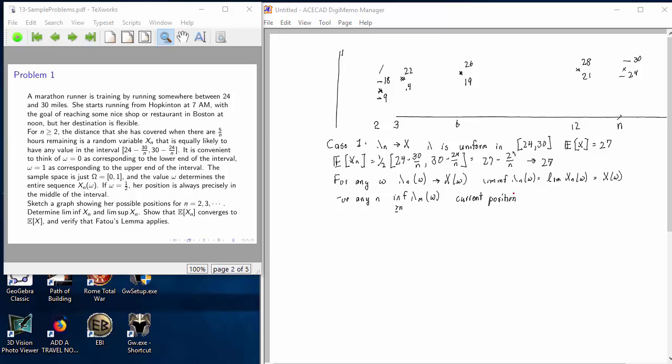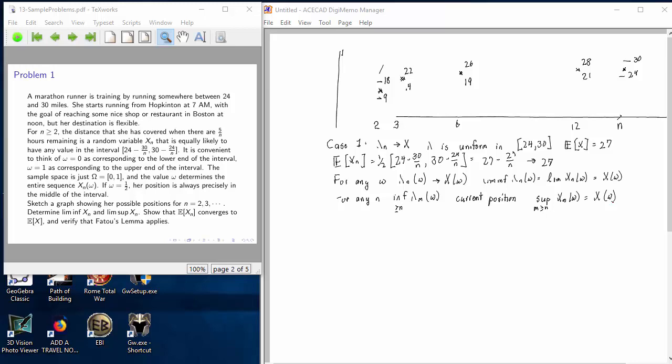While if you look at the supremum over m of all the values, it remains constant at the final value. So the supremum of x sub m of omega is just x of omega. This is characteristic of increasing sequences.